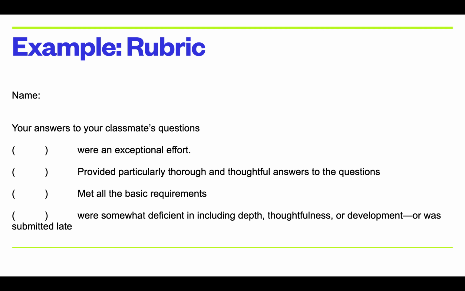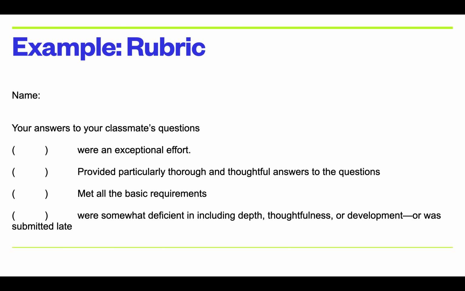It's essentially a slightly more specific model than the check plus model, and yes, you'll have to convert this obviously to a grade at the end if this is the way you want this to go. You can still use this also for the effort-based model, which is that you could essentially do exceptional effort, met the basic requirements, and deficient as the three choices, and then you have a chance to get over the B plus with the exceptional effort.